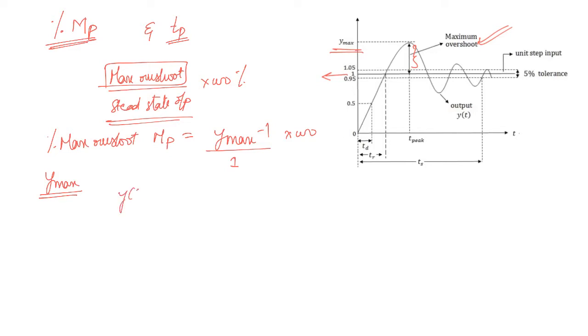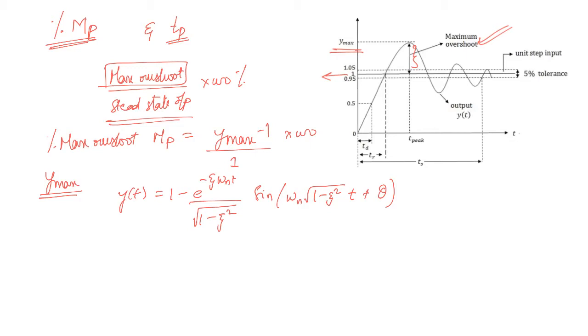What was it? This is given by 1 minus e to the power minus zeta omega n t divided by root over 1 minus zeta square into sine of omega n root over 1 minus zeta square t plus theta. What is theta? Theta is cos inverse zeta, or cos theta is equal to zeta.